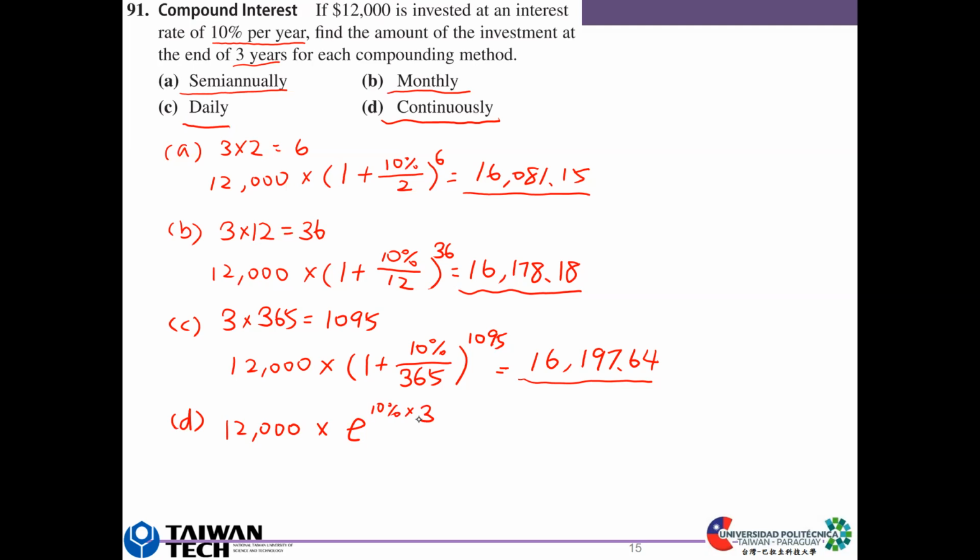Because this is R, so because of the exponential function, this is just the annual rate, the annual interest rate.